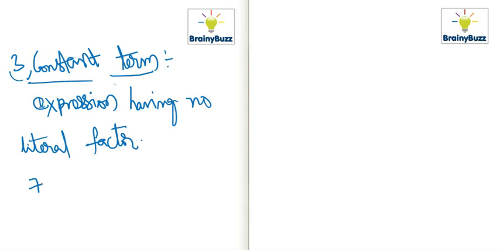That means, for example, 7x plus 5. Here 5 is the constant term.